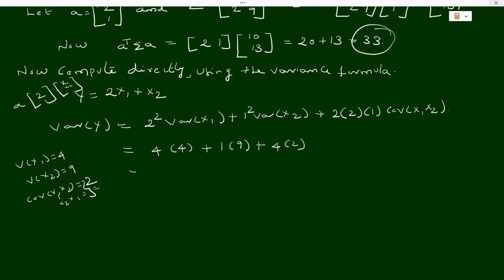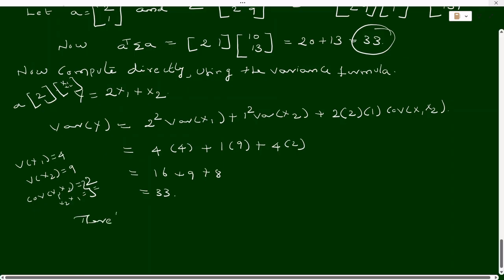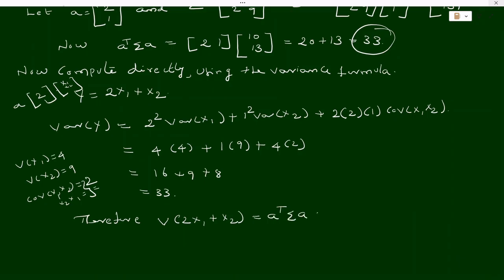So therefore 16 plus 9 plus 8 is equal to 33. So the variance of 2x1 plus x2 is equal to A transpose sigma A, that is 33. So the numerical result confirms the proof.